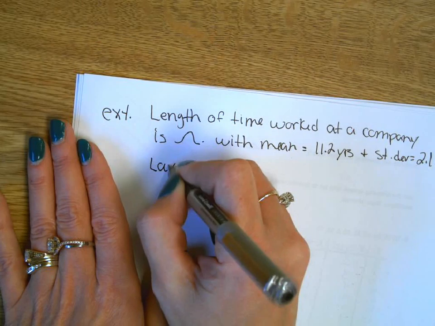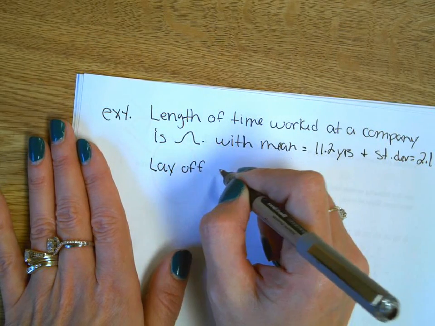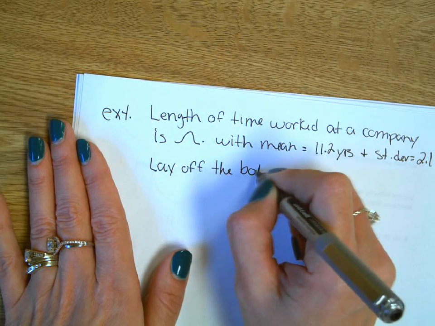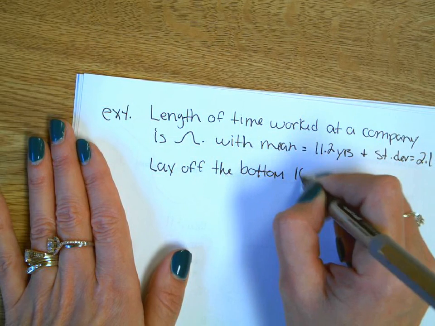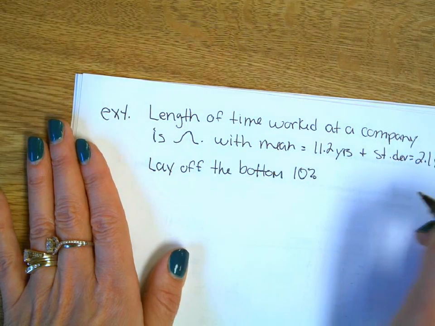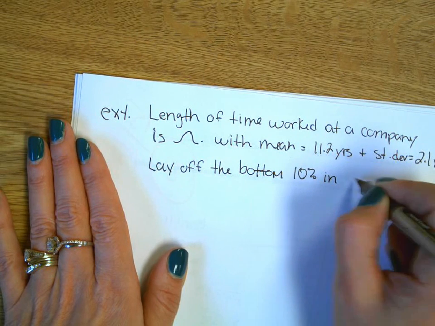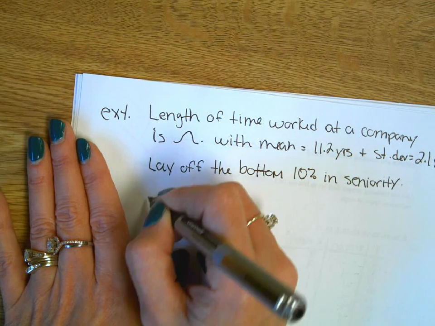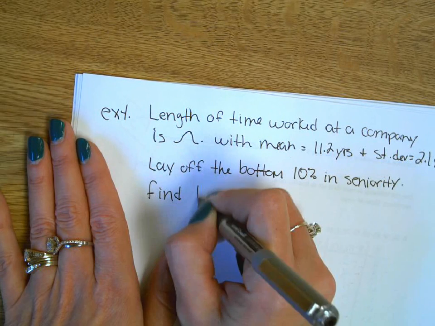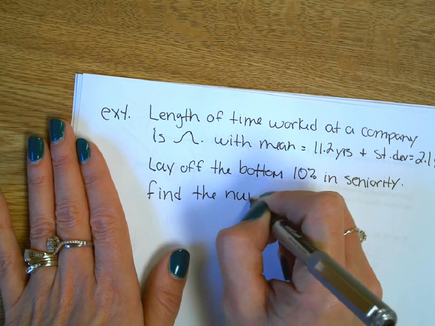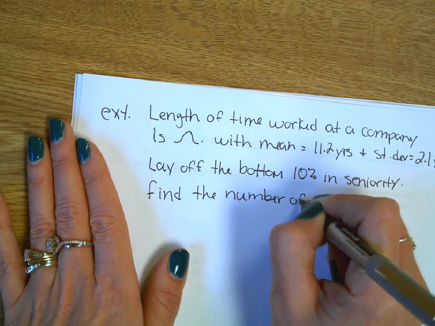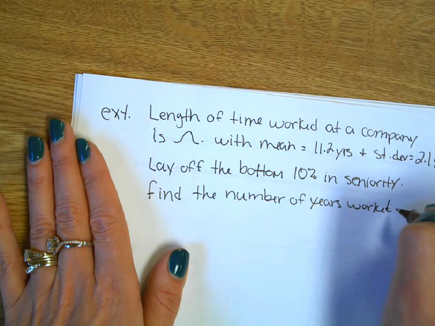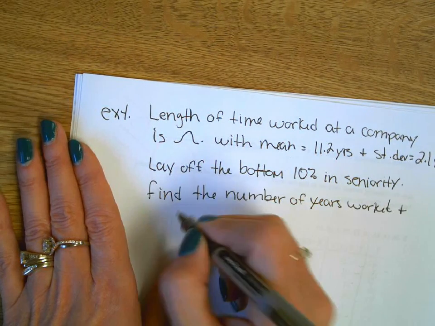You need to lay off the bottom 10% in seniority. Find the number of years worked and still get laid off.